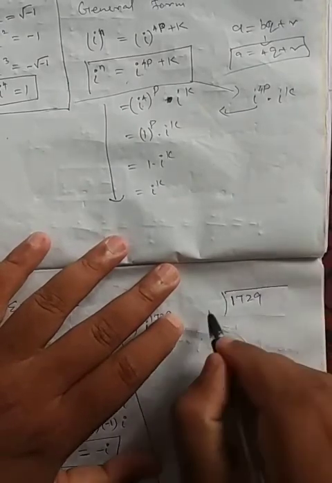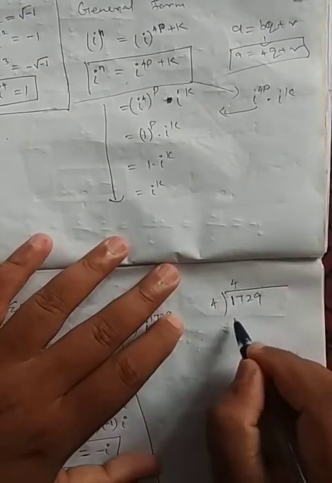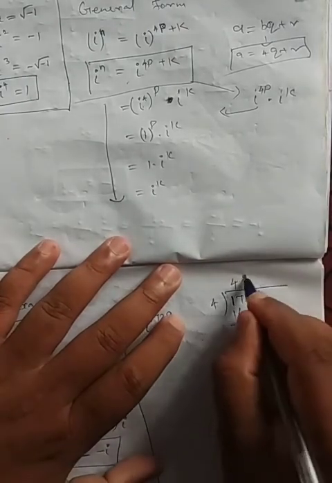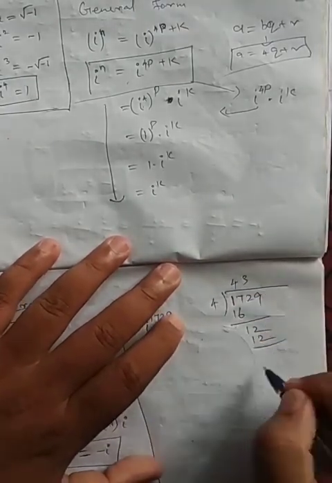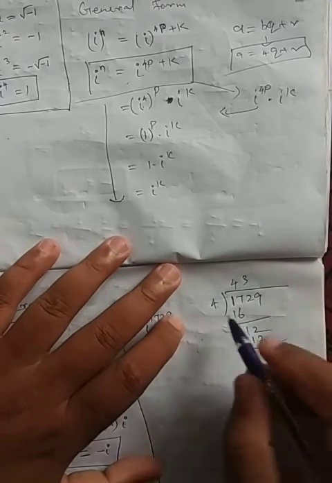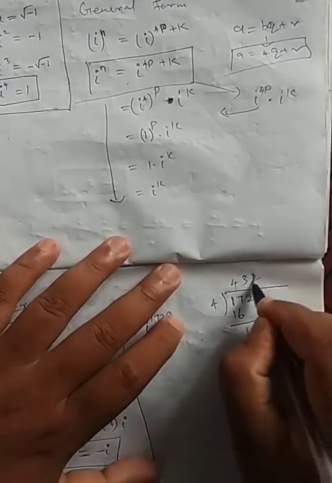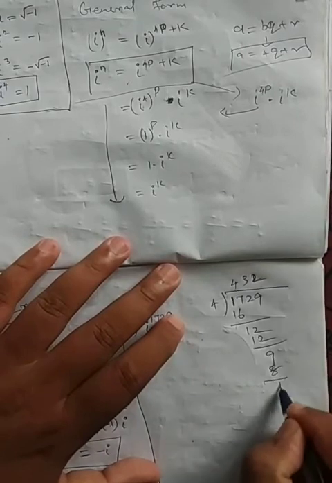The division algorithm we are going to do is 1729 divided by 4. 4 4s are 16, balance 12; 4 3s are 12, so 12 is gone, then 9 is balance; 4 2s are 8, balance is 1 here.